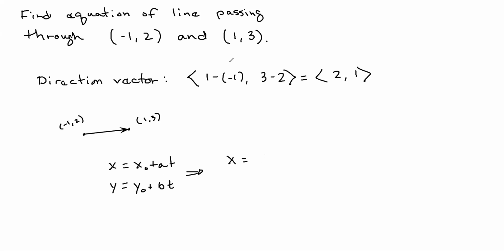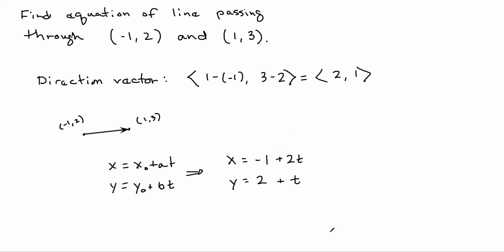As far as the point, you can use either point, and you'll still get the right answer. If you start off with this point, some nice things will happen. So let's do that, and I can show them to you. We're going to get x equals -1, and y equals 2, and then as far as the vector, plus 2t and plus t.